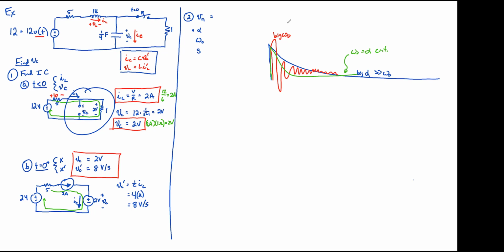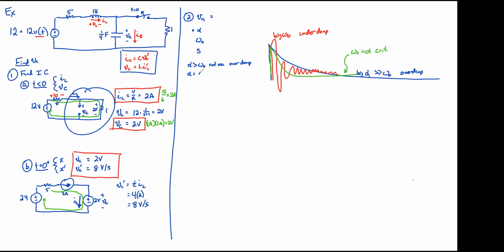And if you've got some sort of huge alpha, we call that overdamped. And if you've got some really big omega naught, we call that underdamped, which is the same thing as saying it oscillates. So the intuition that I want you to have is that if alpha is greater than omega naught, it's not going to oscillate, and it's going to be overdamped.